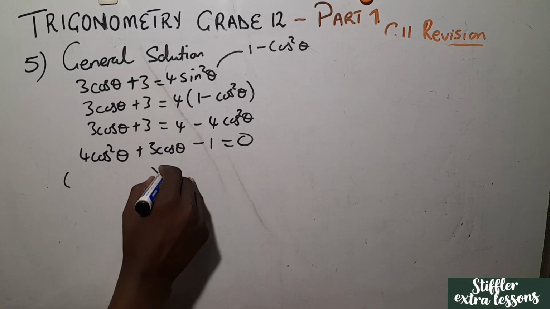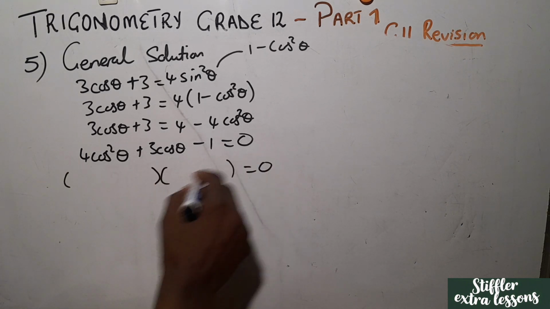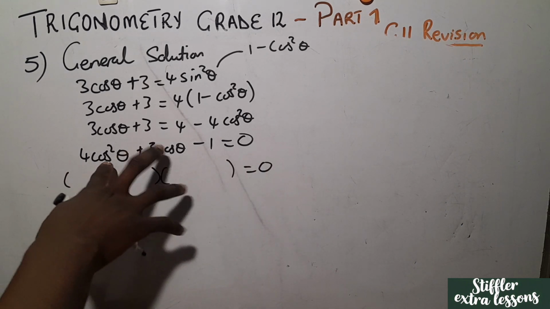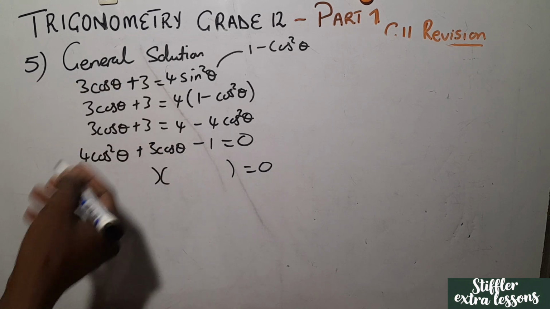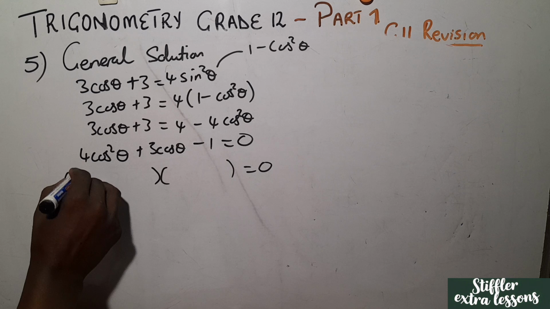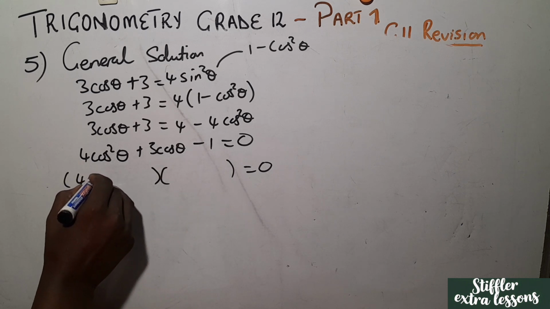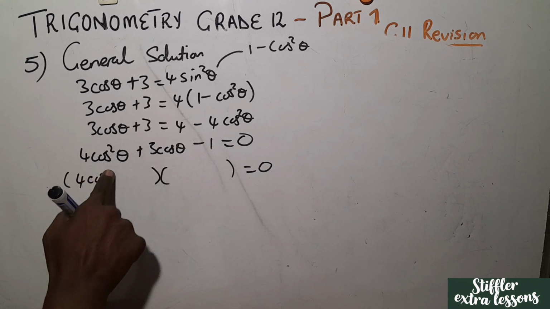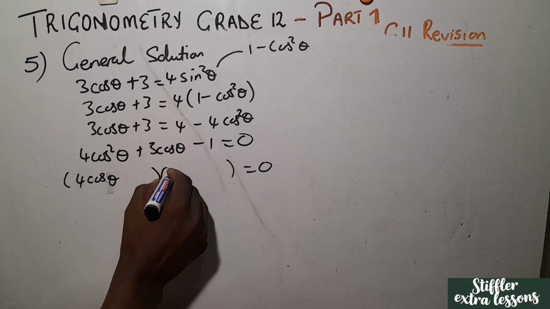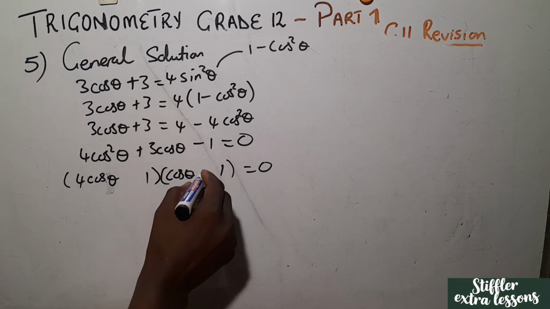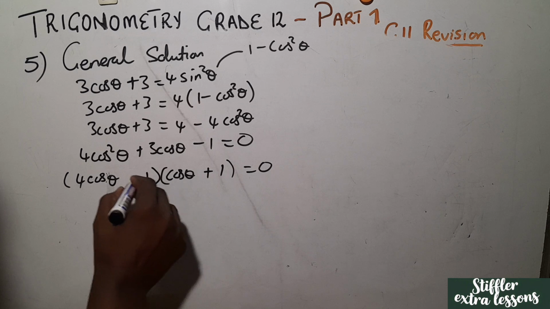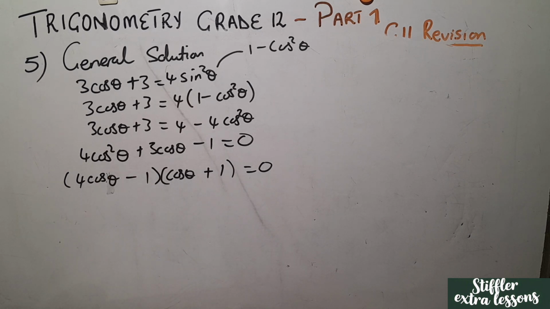If your factorization game is not good here, you can change this into x and also this into x. I know that you are good with working with x's, right? So you can get this. But anyway, this will be 4 cos theta, and 1 there, and plus minus there, right?